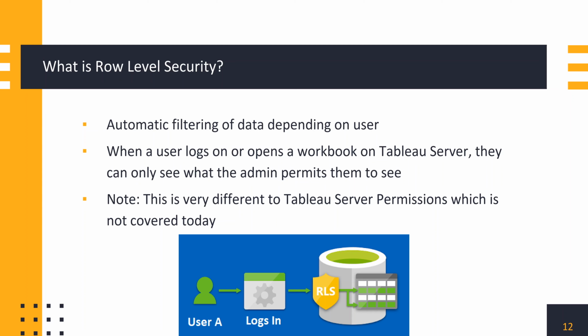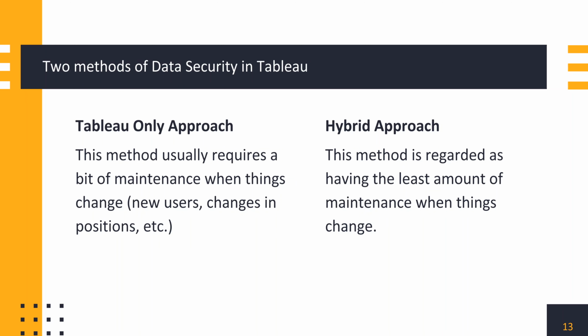All right, so there are a couple of ways of implementing data security in Tableau itself. For the purpose of this presentation, I'll be going through a Tableau Only approach, which is a method where more maintenance is required.